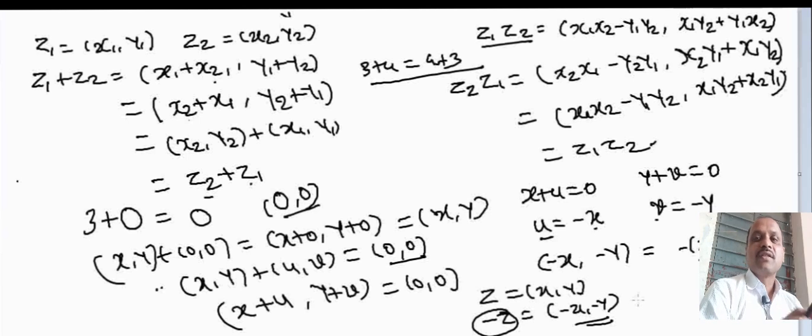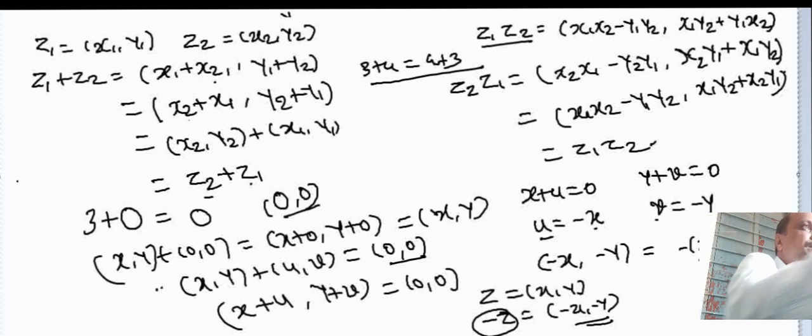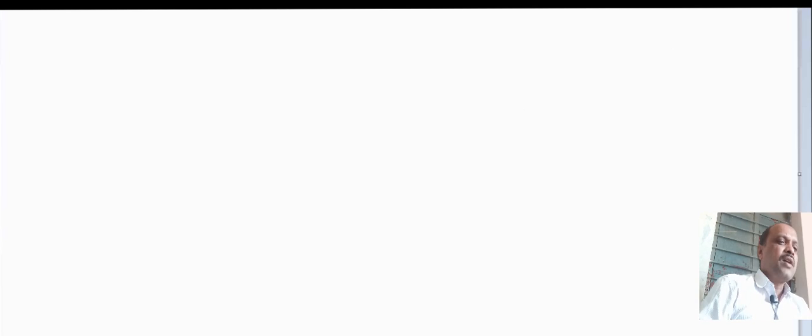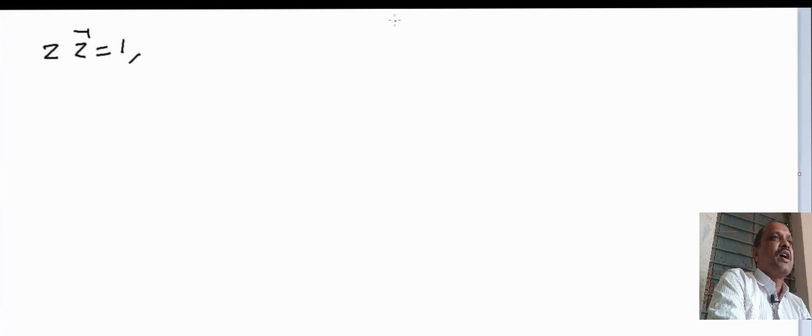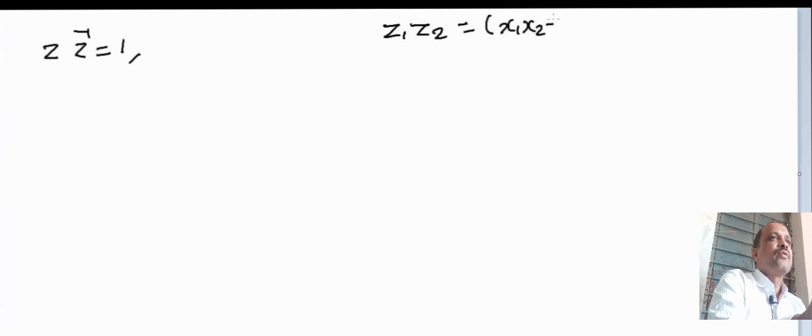Now, let us find the multiplicative inverse of a complex number. That is, I am interested in finding z inverse such that z into z inverse is equal to 1. We know that for two numbers z1 and z2, the product is (x1 x2 minus y1 y2, x1 y2 plus x2 y1).